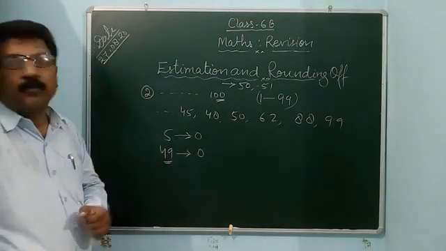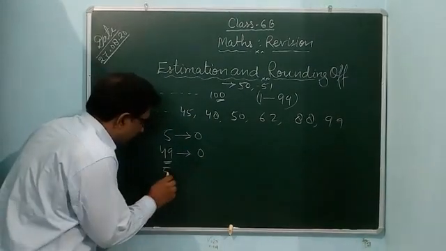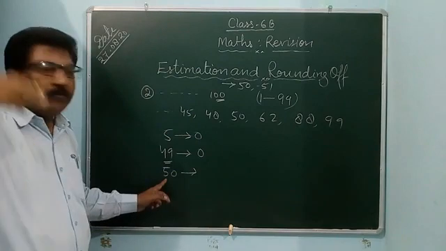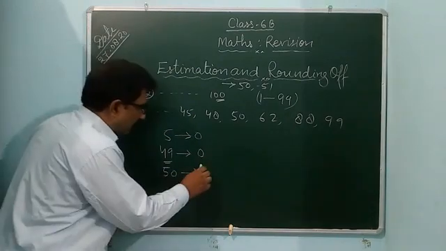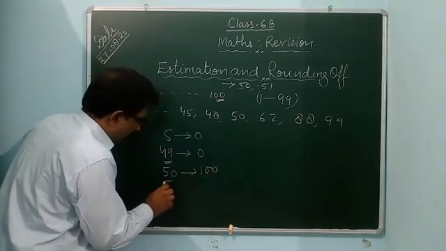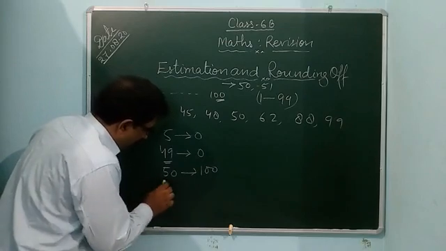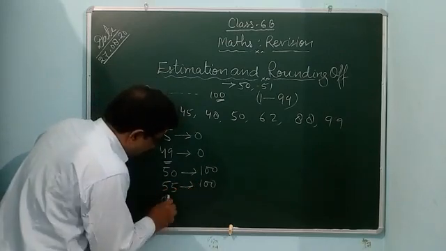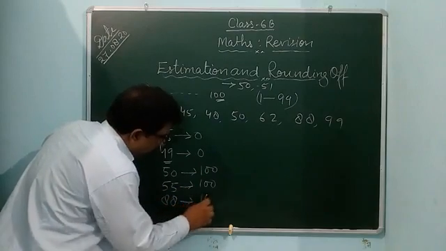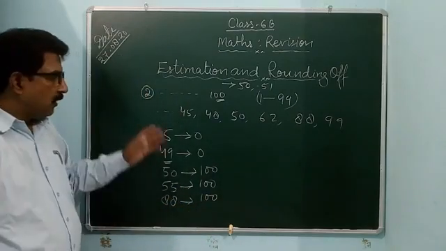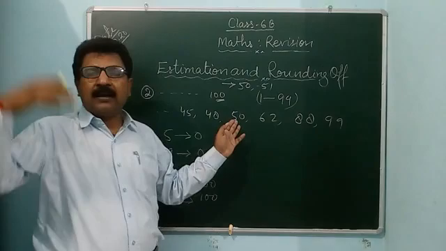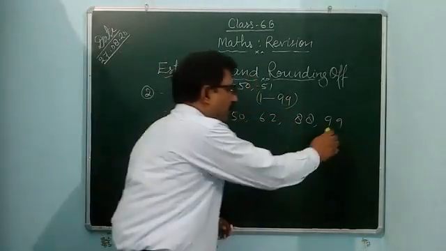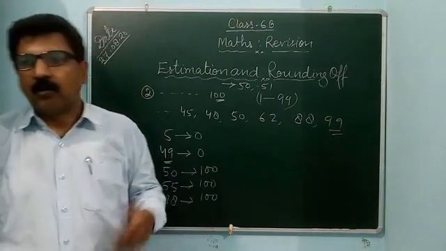But 50 to 99 will be 100. Like 55 will also be 100, and 88 will also be 100.